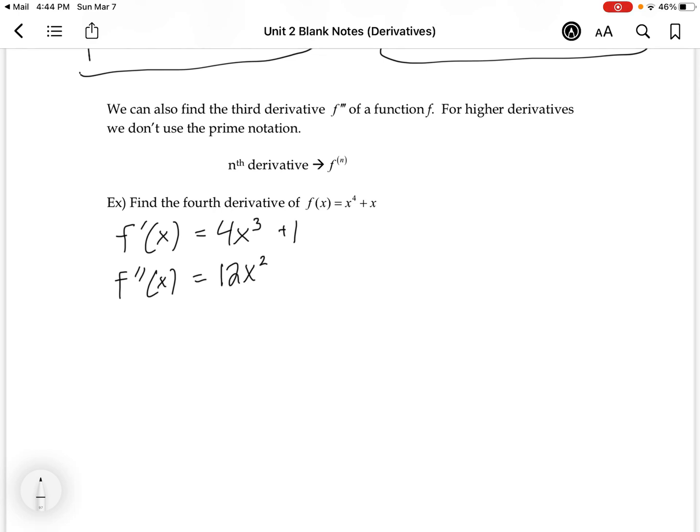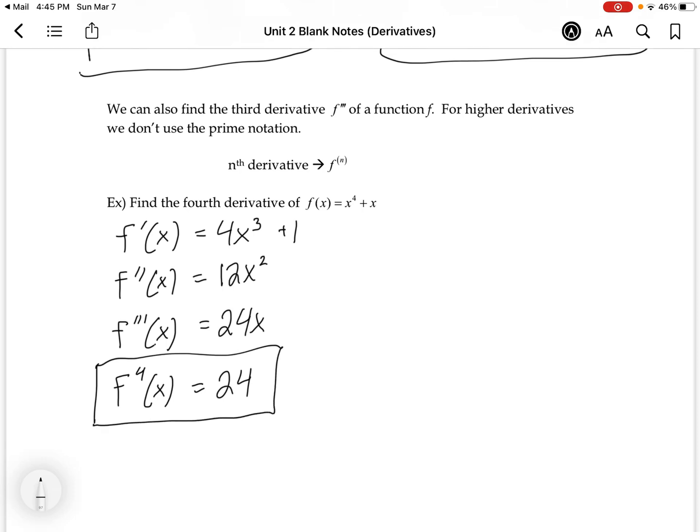And then the derivative of 1 is just 0, so that term is gone. The third derivative is 2 times 12 is 24, so 24x. And then the fourth derivative, that's where we just write the number 4, is just 24. Okay, so there we have it.